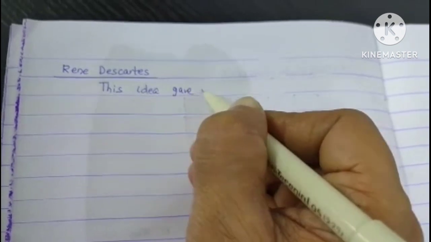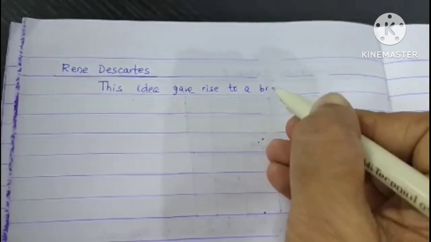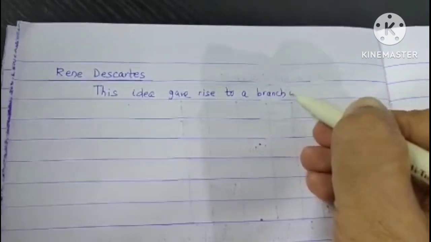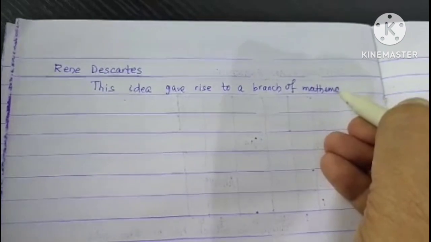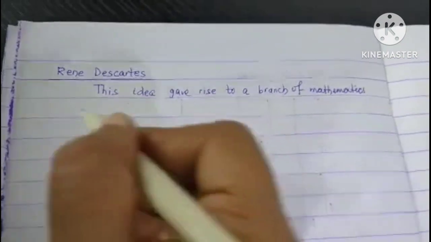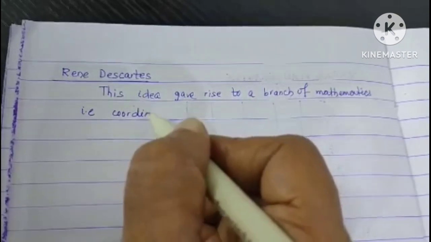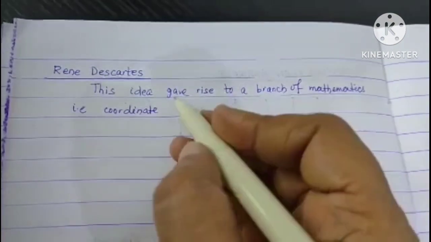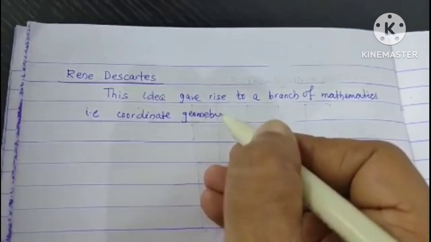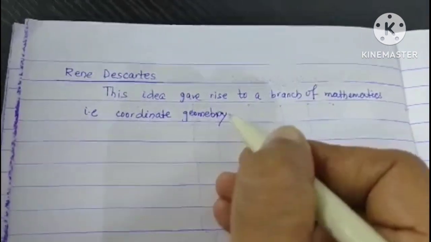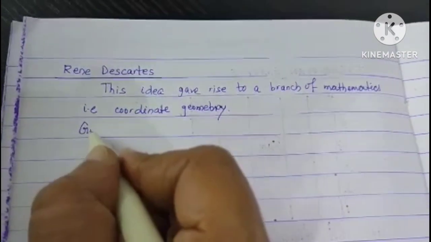This idea was given by the very man René Descartes. Okay, coordinate geometry. So René Descartes was a great French mathematician.